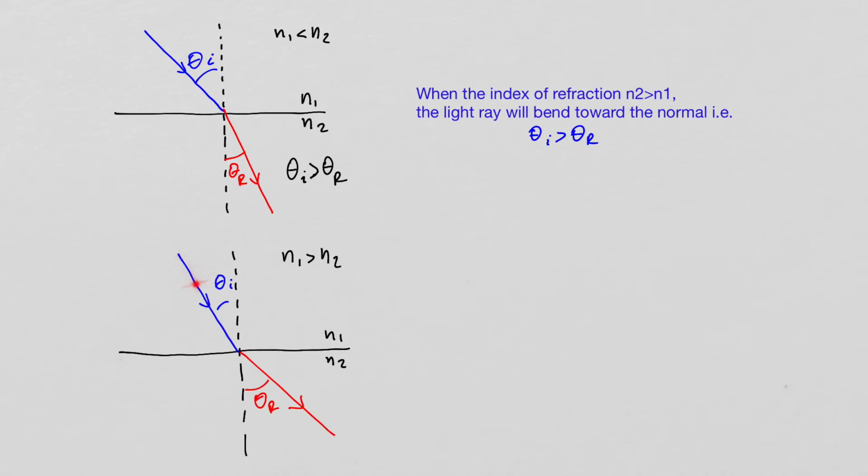So the incident ray makes an angle theta incidence with the normal. Once it enters the second medium, it's going to bend away from the normal at an angle theta of refraction, which is larger than the angle of incidence.